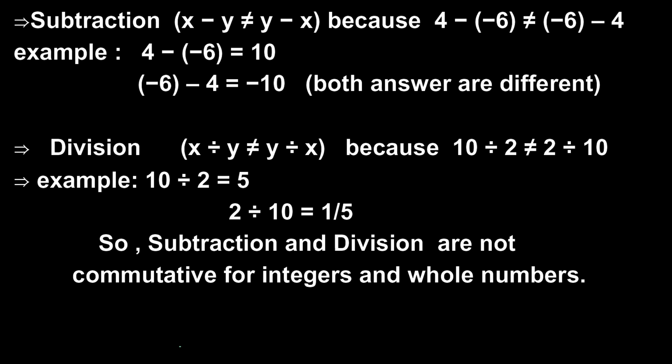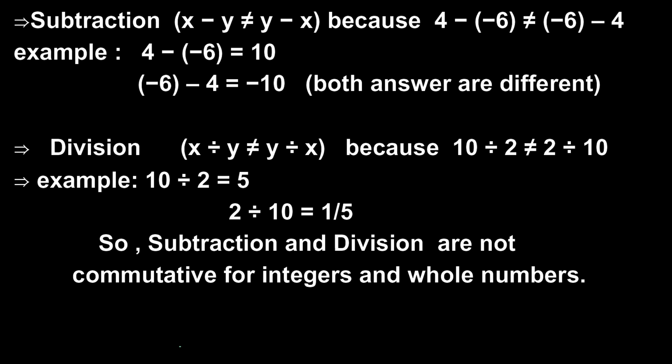Let's go on to division. The same, if we divide two integers, x divided by y is not equal to y divided by x, because 10 divided by 2 is 5, and 2 divided by 10 is 1 upon 5. So both answers are different. One is 5 and the other is 1 upon 5.